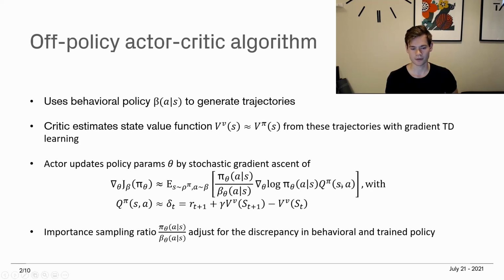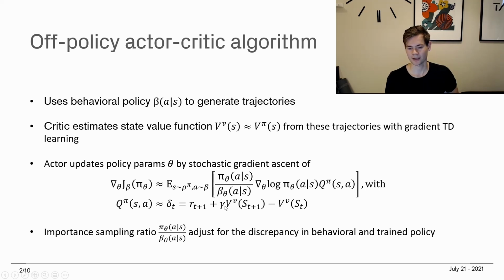However, the Q function here is normally approximated by delta, which is the return at the next time step plus the discounted value function of the next time step. So this is the reward that you would get in the consecutive time step. This is how good the next state is if you discount the future.